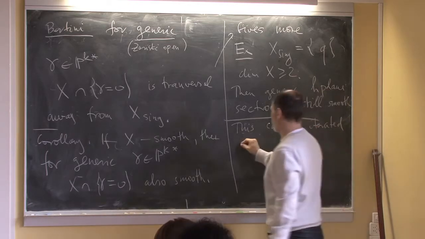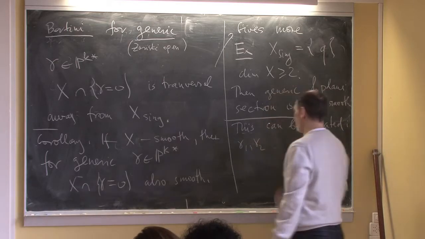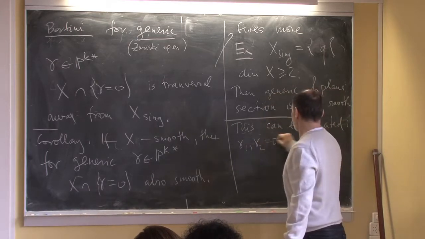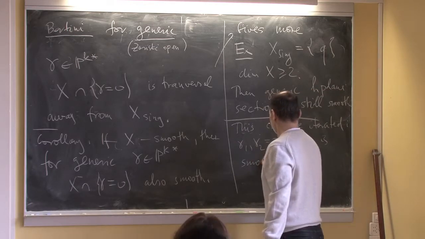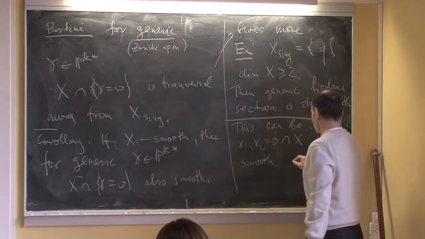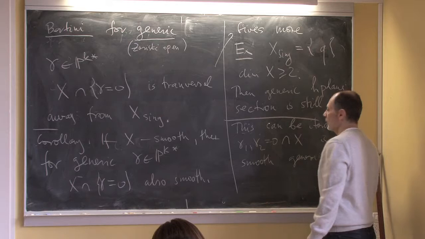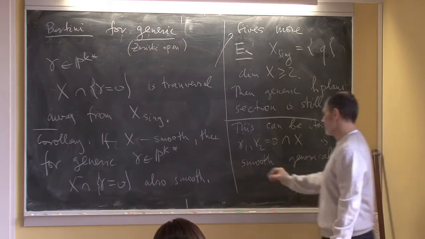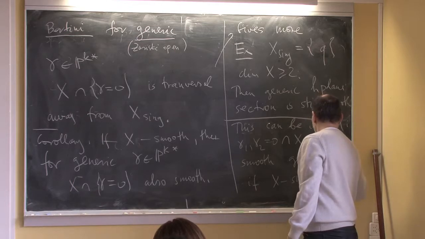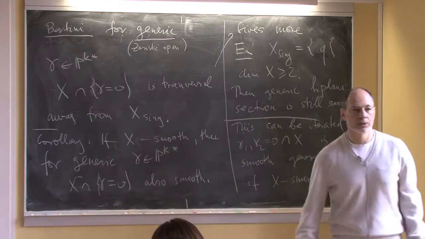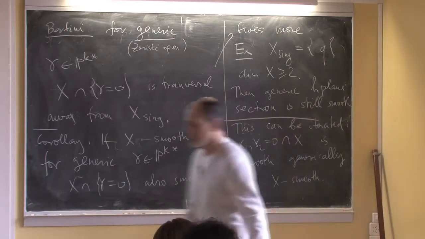So I can take, say, gamma 1, gamma 2, two generic hyperplanes; intersecting X is generically smooth if, for example, X is smooth. Okay, so this is Bertini's theorem. I will not prove this, it's not difficult.